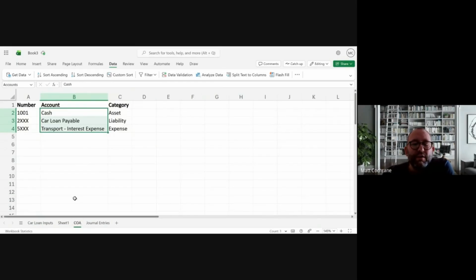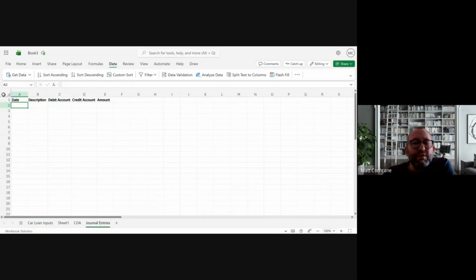So in our chart of accounts, we're going to have cash, because that impacts so many different accounts. We're going to have a car loan payable, and we're going to have the transport interest expense. These are the different items that are going to be impacted by this journal entry.